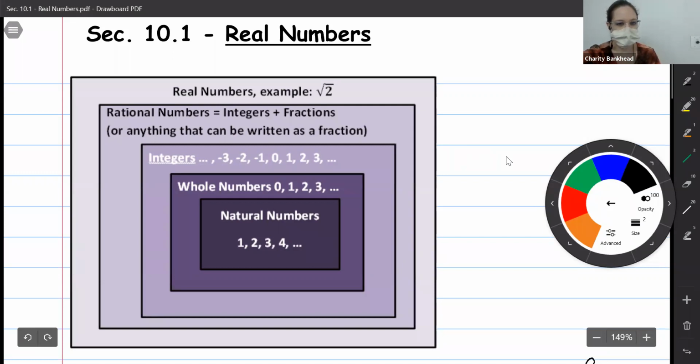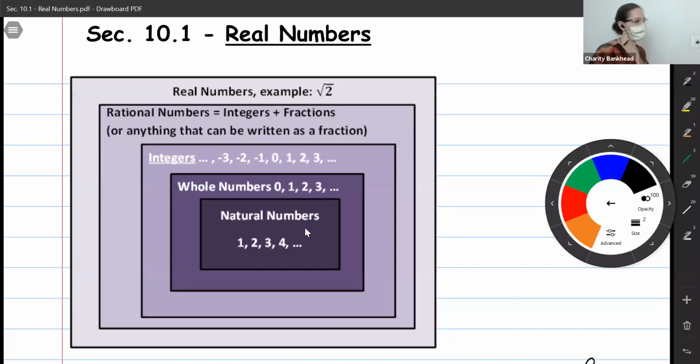Okay, so we've mentioned this a little bit in the past, but now we're going to really go more into this. So this diagram is showing the different sets of numbers. They're each one nested inside of each other.